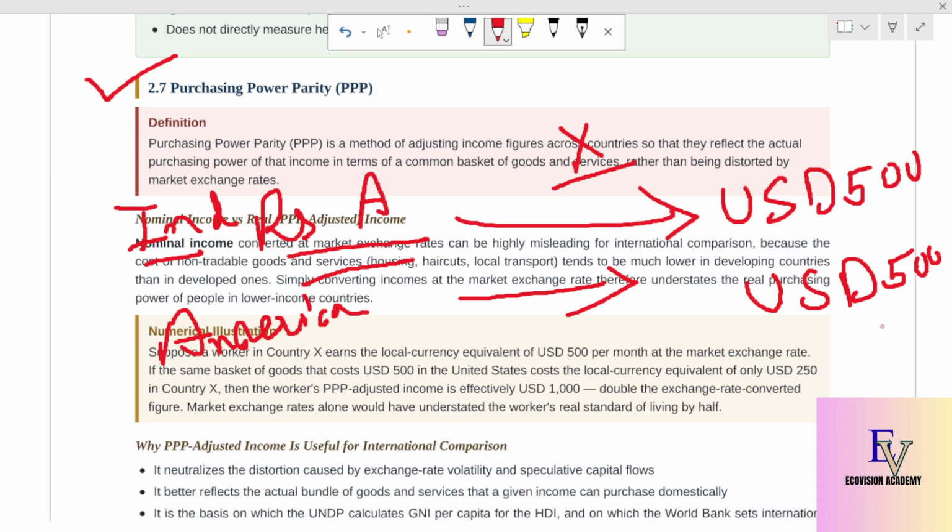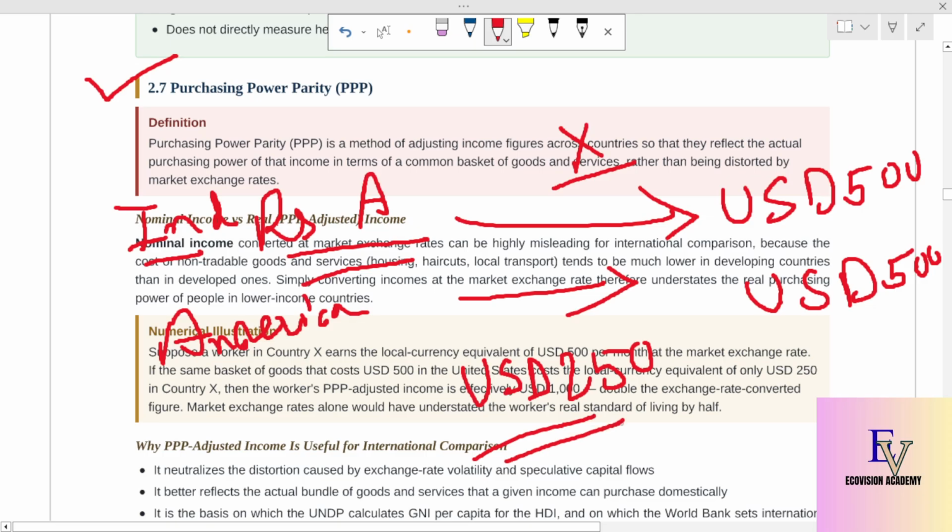But when you purchase that same basket of goods in India, you have to spend not 500 but 250 dollars. So there is a difference in purchasing power, and this is basically known as purchasing power parity.